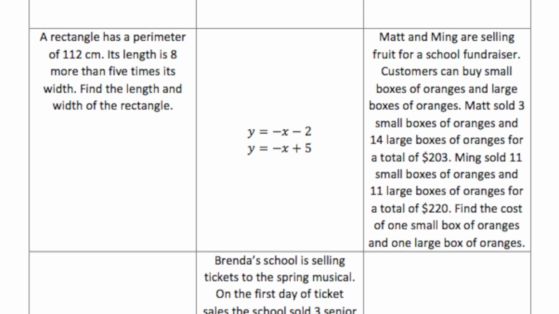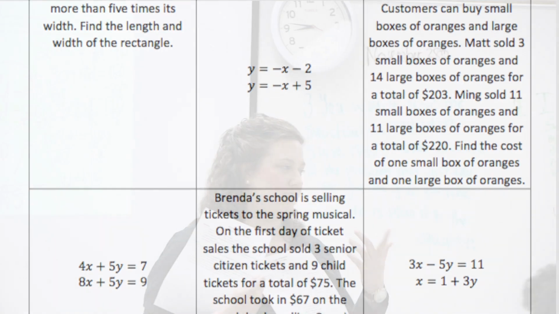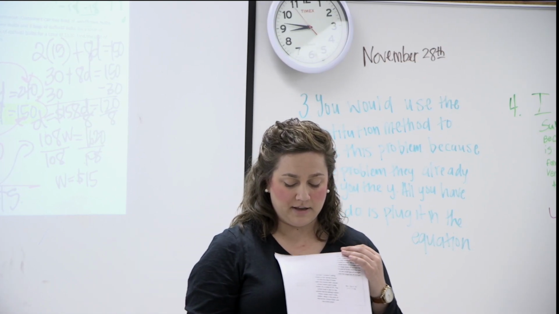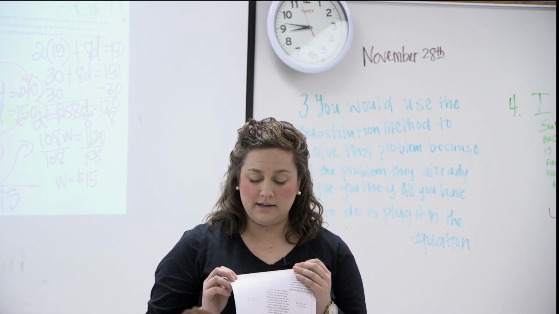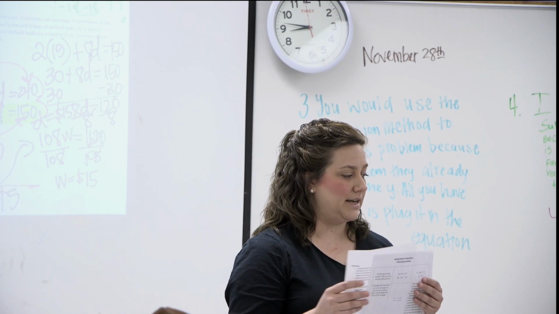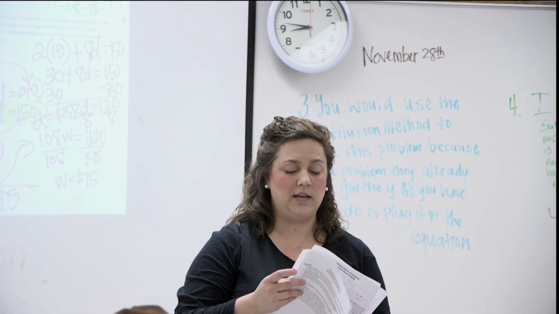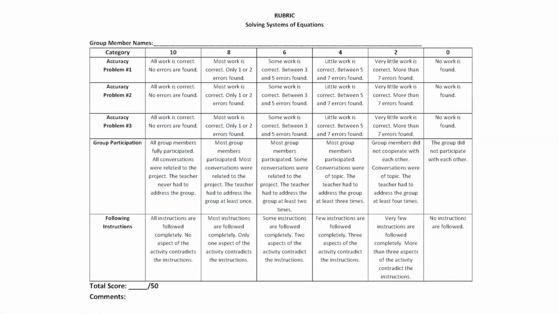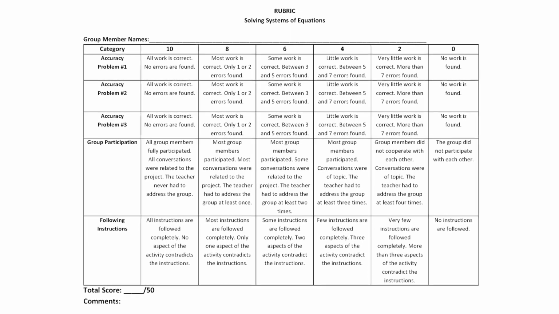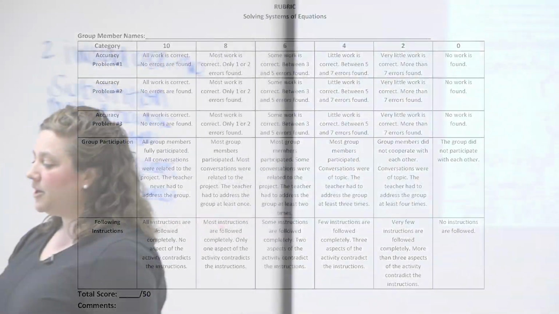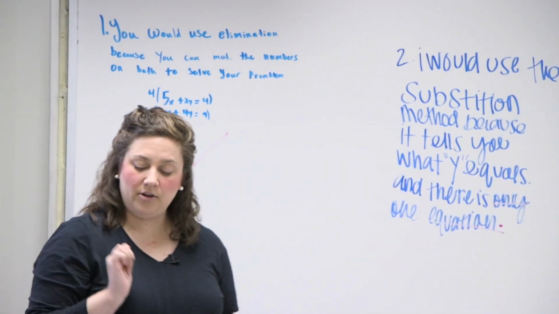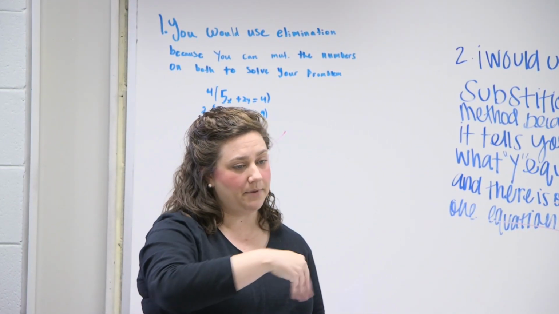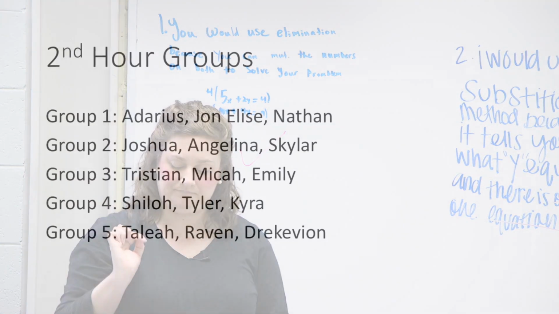Make sure you pick 3 in a row, and then you work each one on a separate sheet of paper, read the directions, and there's a rubric here if you would like to get your maximum points. This is worth 50 points. I'm going to put your people up on the board, and then you're going to get together, go to your spot, and send one person to me for the paperwork.